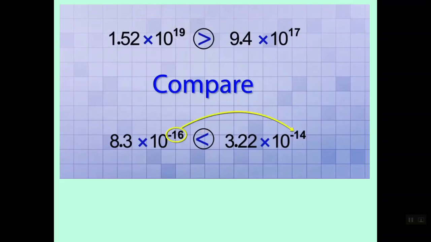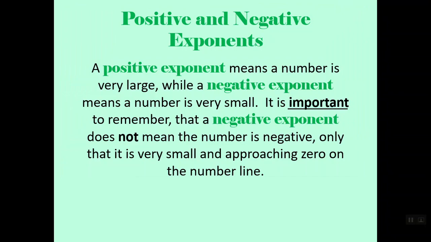So clearly, you can see that order of magnitude is going to be very easy when you're looking at the exponent. First of all, we're going to talk about positive and negative exponents. So we learned yesterday that a positive exponent means that a number is very large, while a negative exponent means that it is very small.